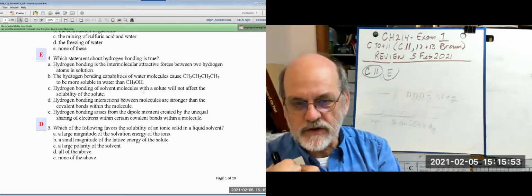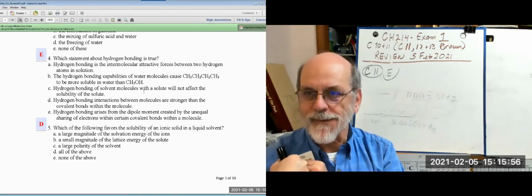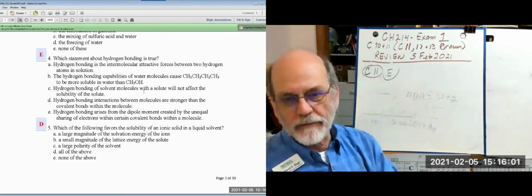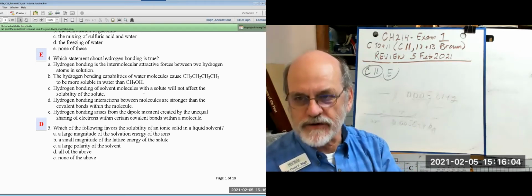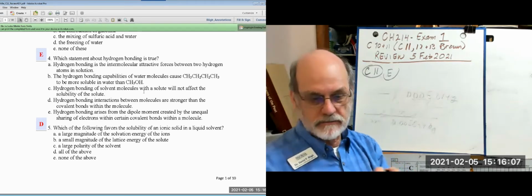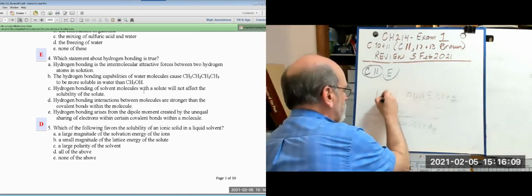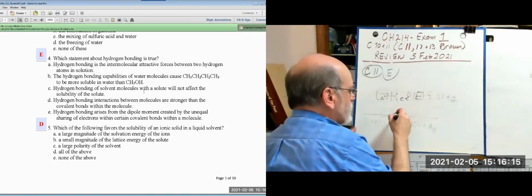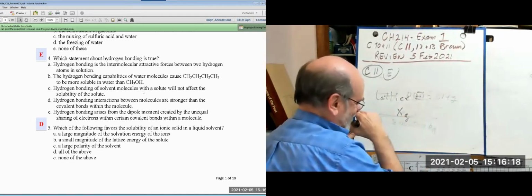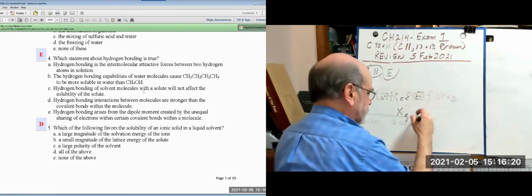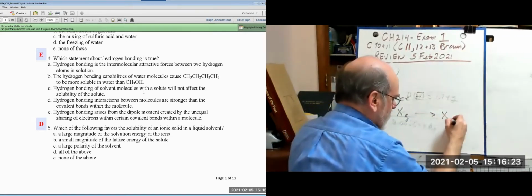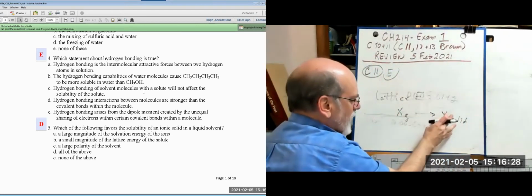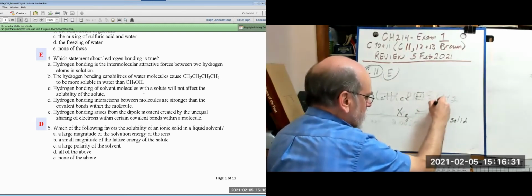A small magnitude of the lattice energy of the solute. So what's the lattice energy of the solute? Well, lattice energy references a solid formation. When you go from free gas atoms to the solid, you give up energy.